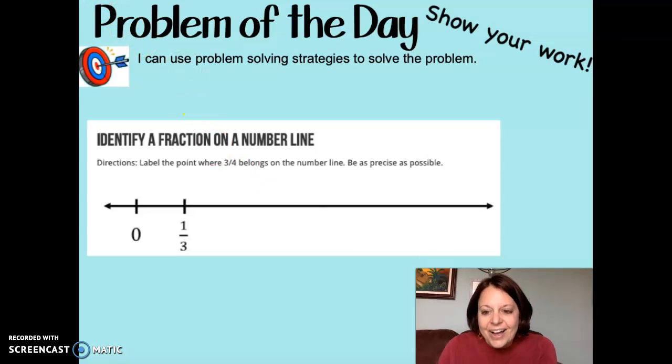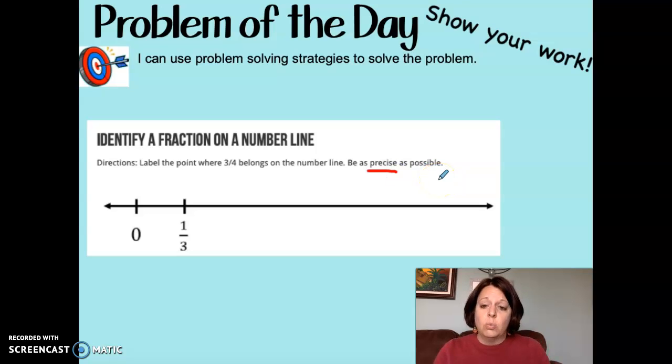Hi guys. All right, I'm back and I hope you have taken some time to figure out where 3/4 belongs on our number line. All we have to start off is a 0 and a 1/3. Like I said, some people might just plop it down and say, there it is, but that's not being precise. We're trying to be as precise as possible.